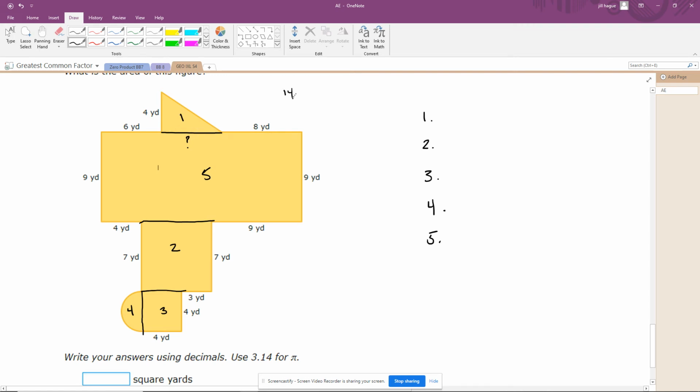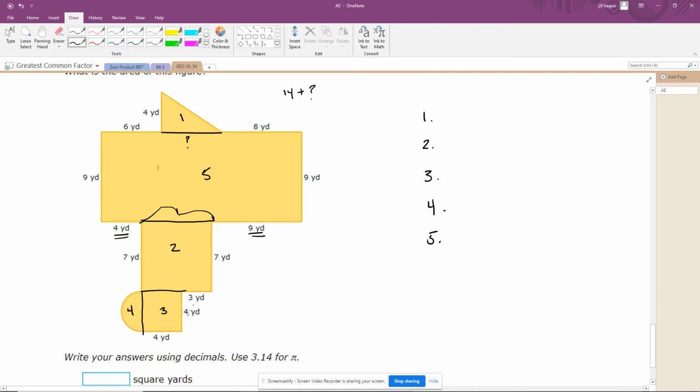So it's 14 plus my question mark. And I have to figure out, if I knew what the total was, then I could subtract 14 from the total. Well, down here, I know that I have 4 and I have 9. So I need to find out this right here.